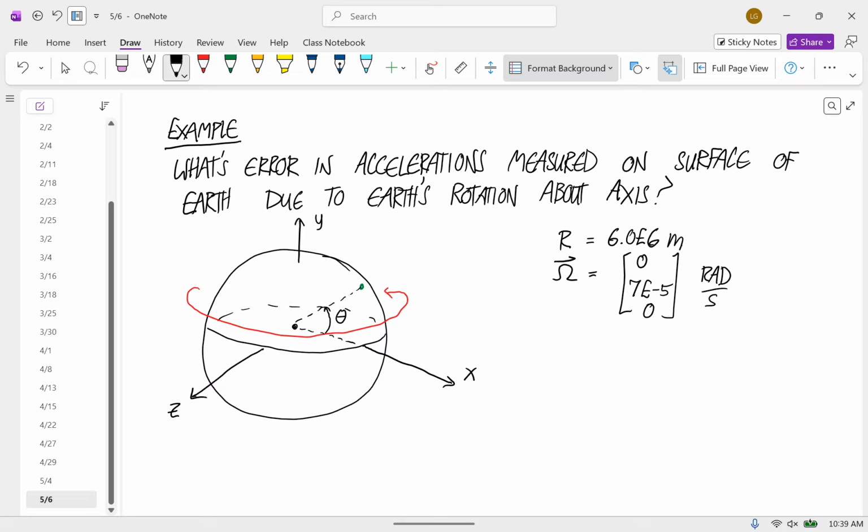We're not on the inside of the Earth. And so P I'm going to define as the radius of the Earth, 6 times 10 to the 6 times the cosine of the angle theta, and then 6 times 10 to the 6 times the sine of the angle theta, and then 0.